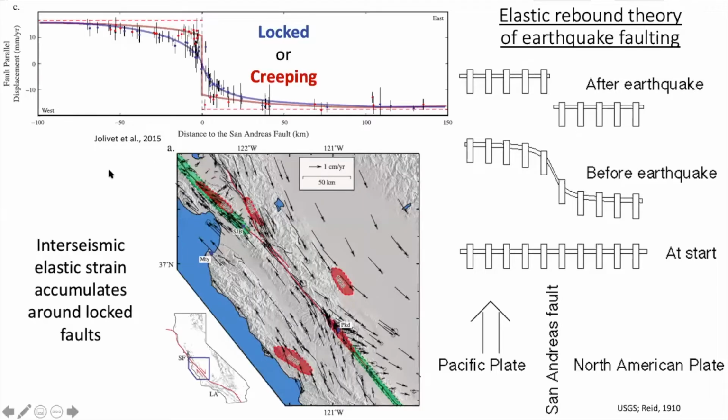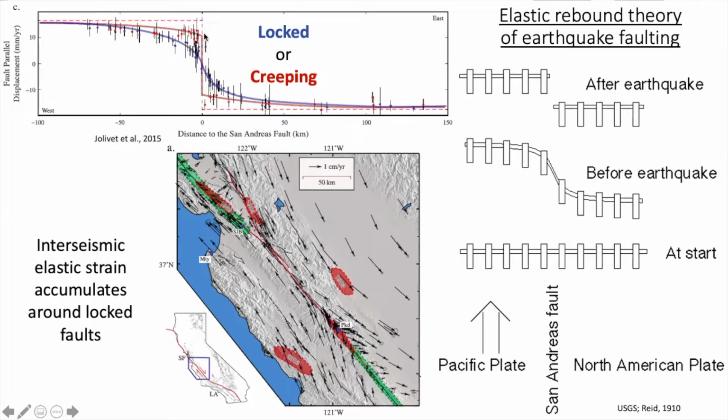Elastic strain accumulation around locked faults is really important because it lets us use interseismic surface displacements to infer whether a certain segment of a fault is locked or creeping. So here's an example from the San Andreas fault. Let's first look at this area here where the fault is red. We see that the velocities on either side of the fault are pretty much parallel to one another, but facing the opposite direction.